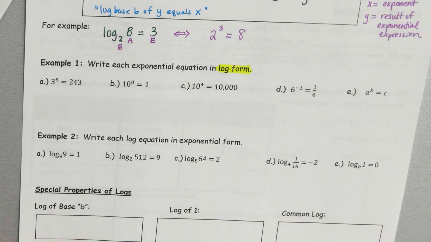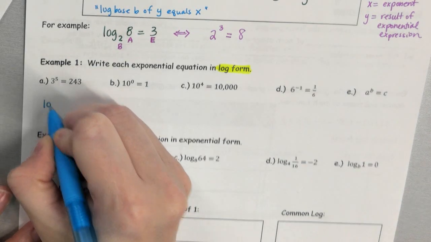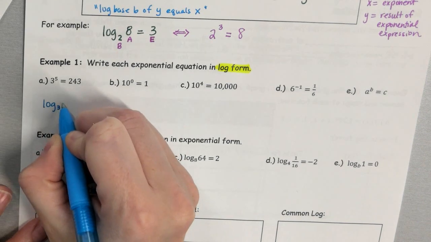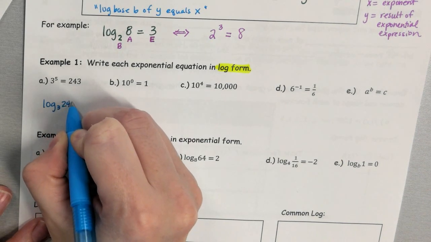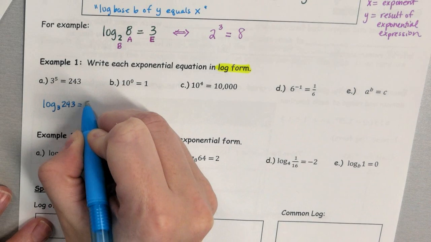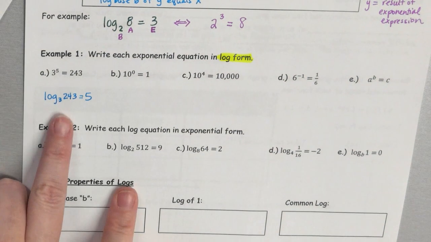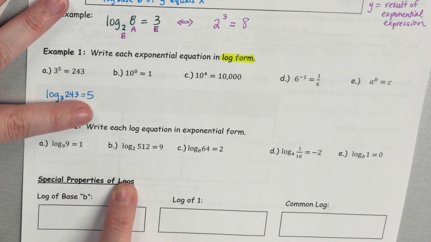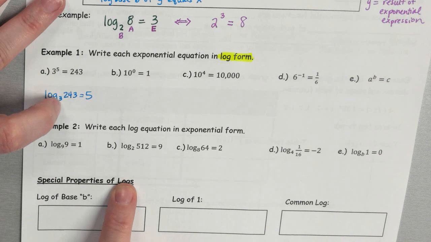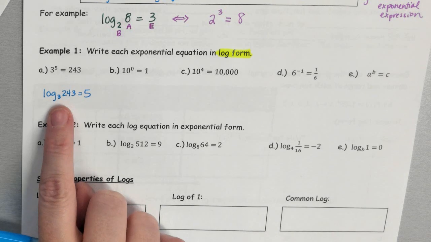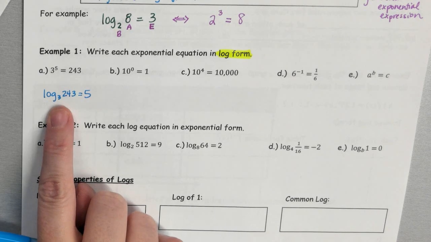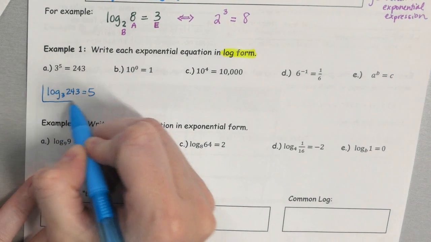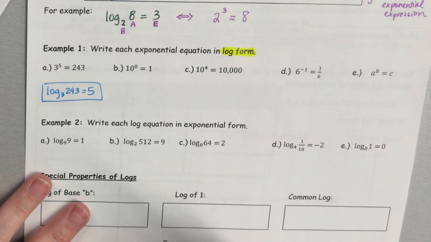So this is going to be log base 3 of 243 equals 5. And I just want to be clear that this is not an exponent. The log and 243 are on the same place. It's just this is a subscript here. And that is your final answer.